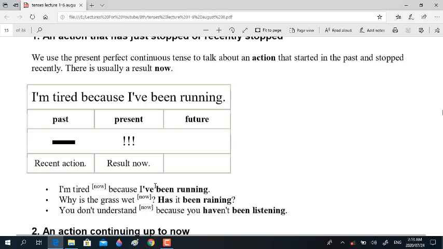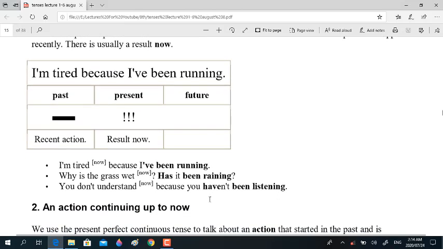I am tired is now, because I have been running is the action, the result of which is that I am tired. Why is the grass wet? This is now, this is the impact. Has it been raining? It might have been raining. Okay, you don't understand. This is now, this is the impact. And this may be the cause.